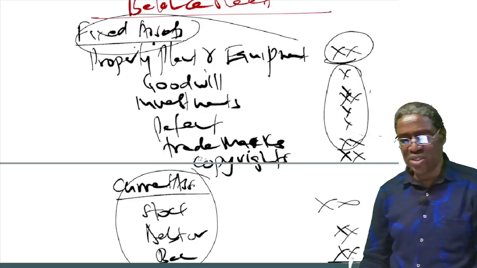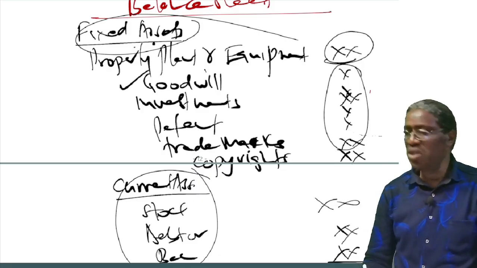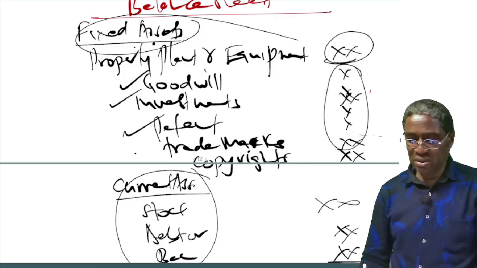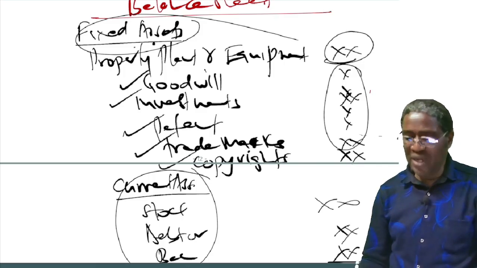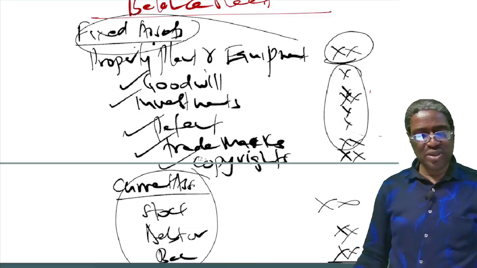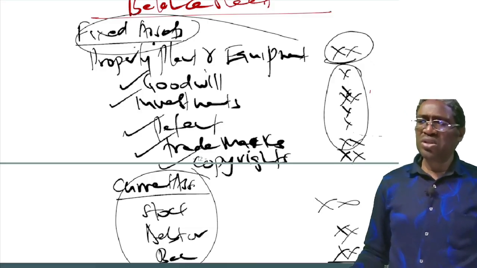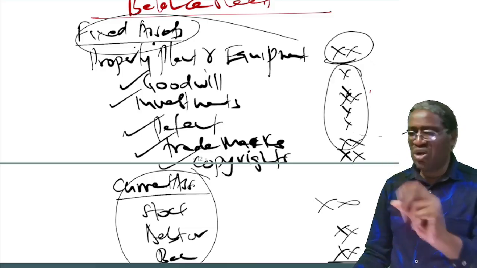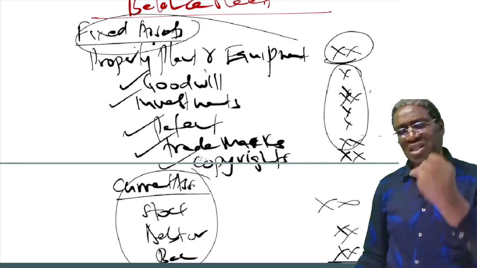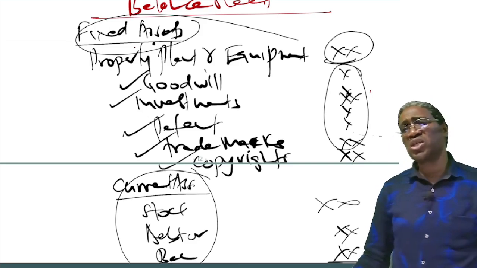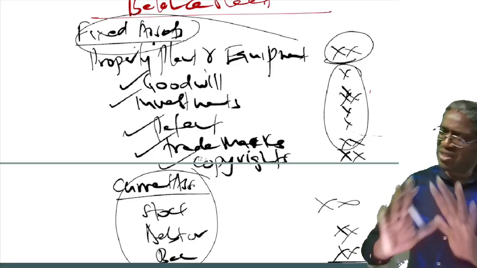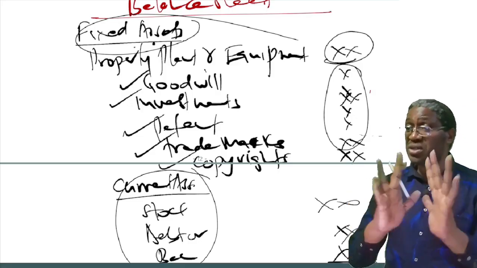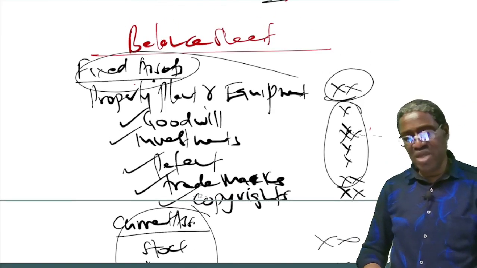Examples: goodwill, investments, trademarks, patents, copyrights, and so on. Those are a few examples of intangible assets. I'm not saying they're the only ones, but they are the most commonly used in your exams. Otherwise, the rest of the balance sheet remains the same.